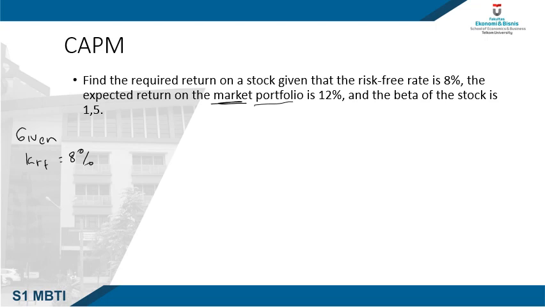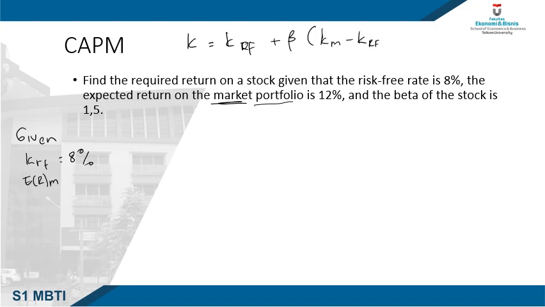So again here, the expected return of the market in that CAPM formula, what's that again? The K of a stock is equal to KRF plus beta times Km minus KRF.